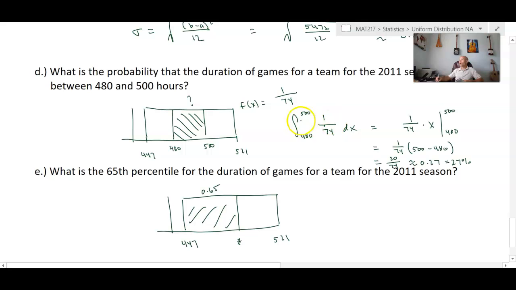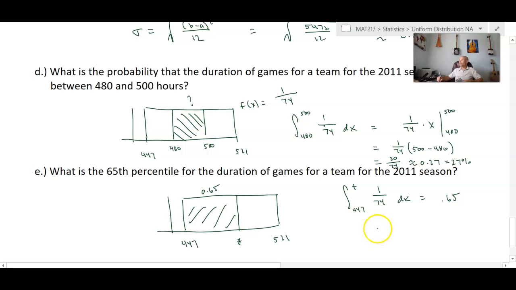Now, what we know is that this will be the integral from 447 to some value t of 1 over 74 dx. And in the end, we want this to equal 0.65. Now, we already kind of know how this evaluates. It's going to be 1/74th times the distance between the upper and lower.